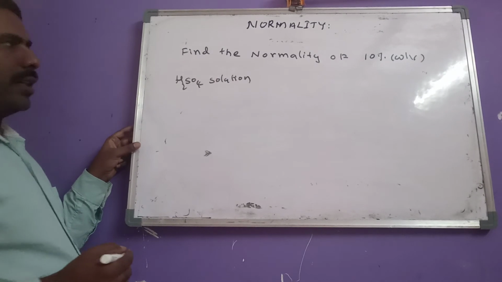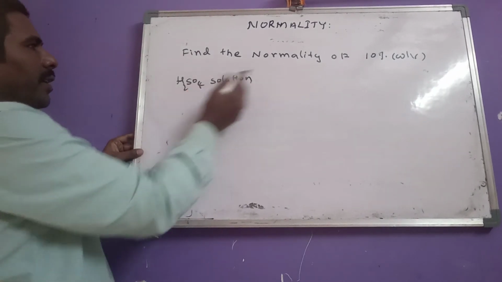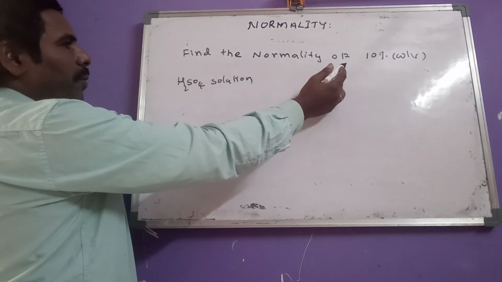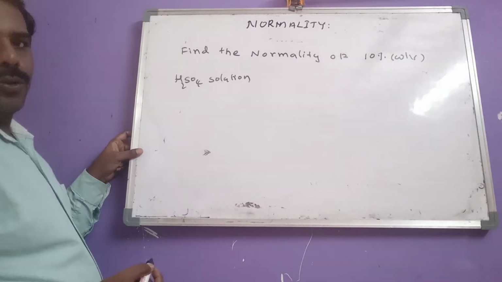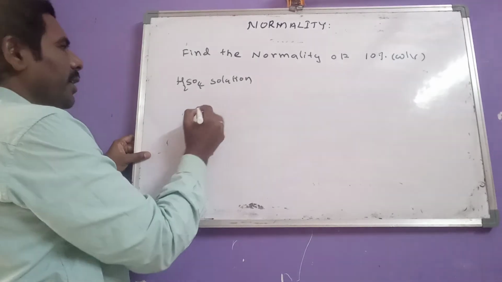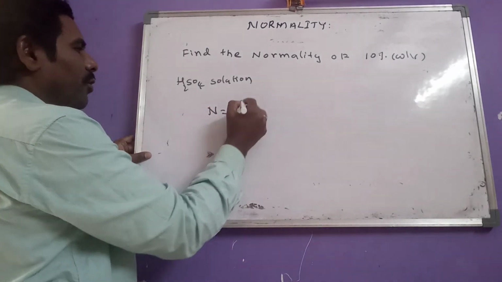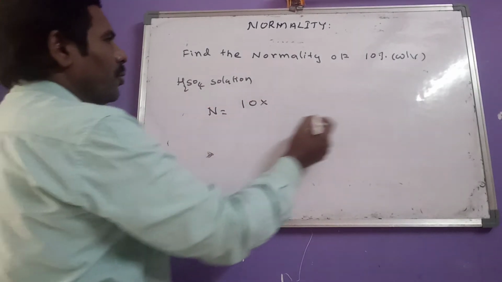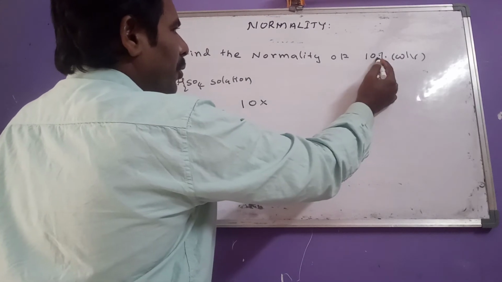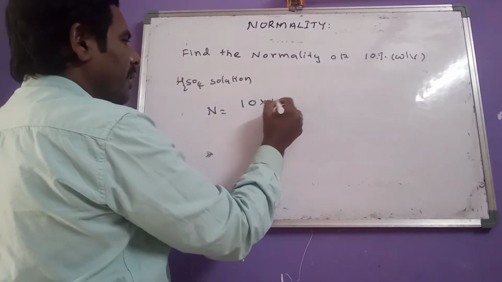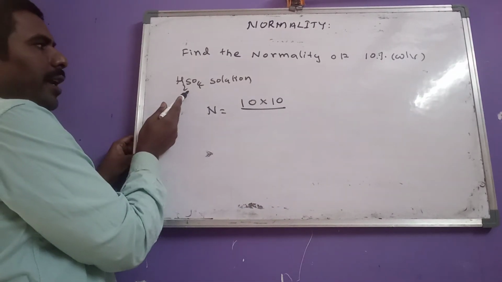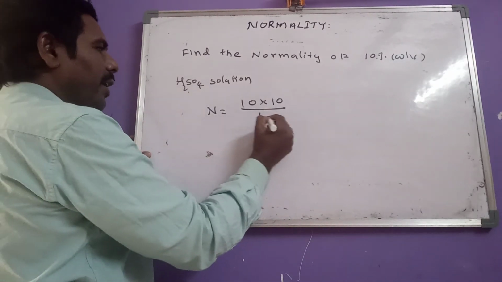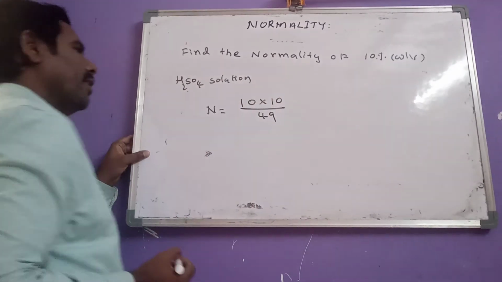As here only percentage W by V is given, normality equals 10 into percentage W by V, which is 10. So 10 into 10 by the sulfuric acid gram equivalent weight, 49.